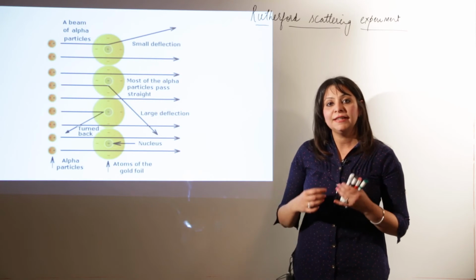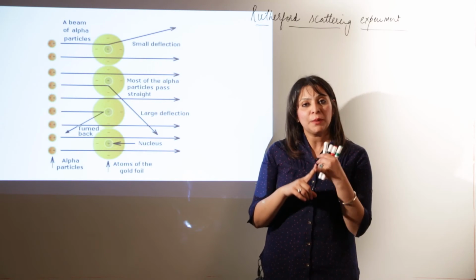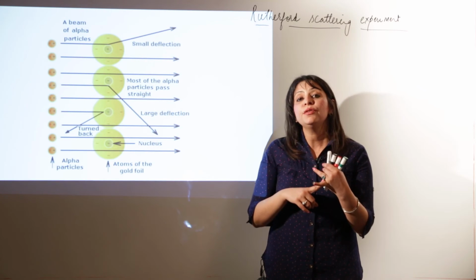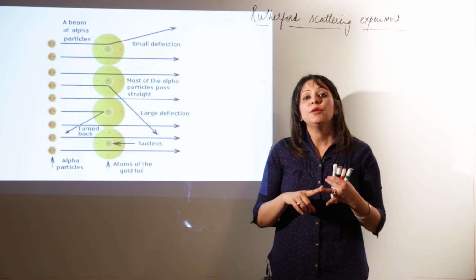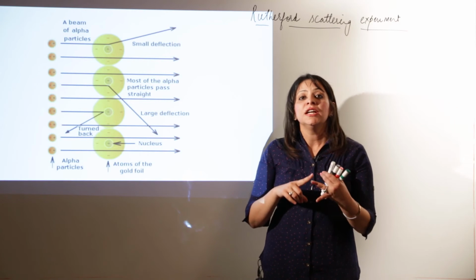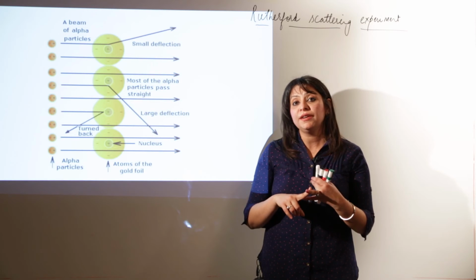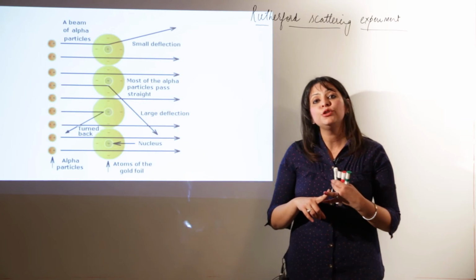I'm listing these again, just listen carefully. The observation was: many of the rays pass straight, few were deflected through small and large angles, and few retrace their path. The conclusion made by Rutherford is that most of the space in the atom is empty. There is a dense concentrated mass located in the center, occupying a very small area, and he called that mass the nucleus.